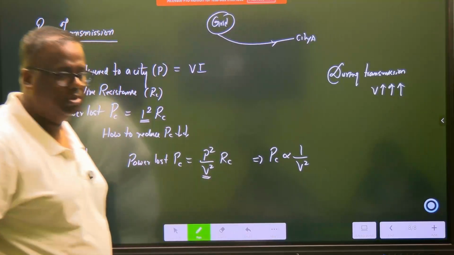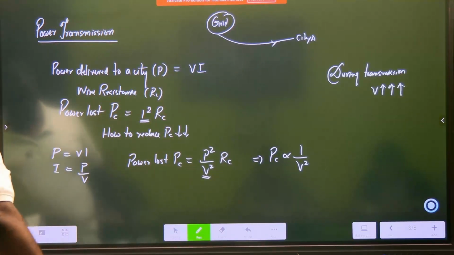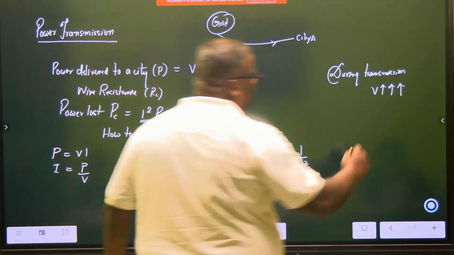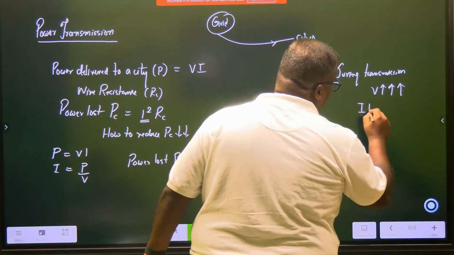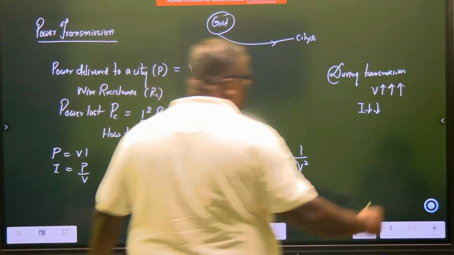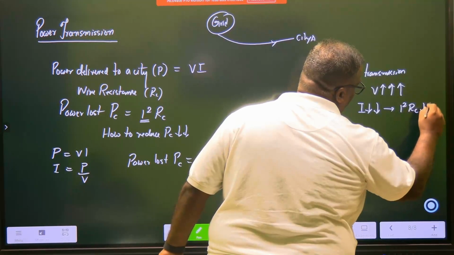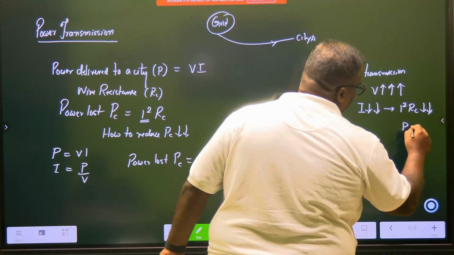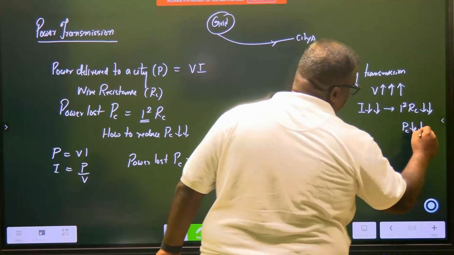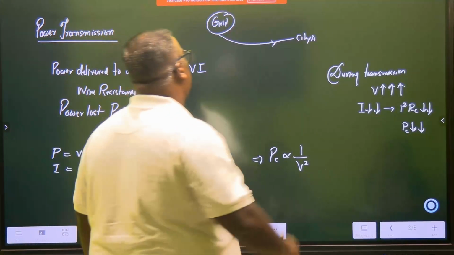When you jack up the voltage, the current will come down. For the same resistance, the current is going to come down. If the current comes down, then I square RC also comes down, which means the power loss PC also comes down.